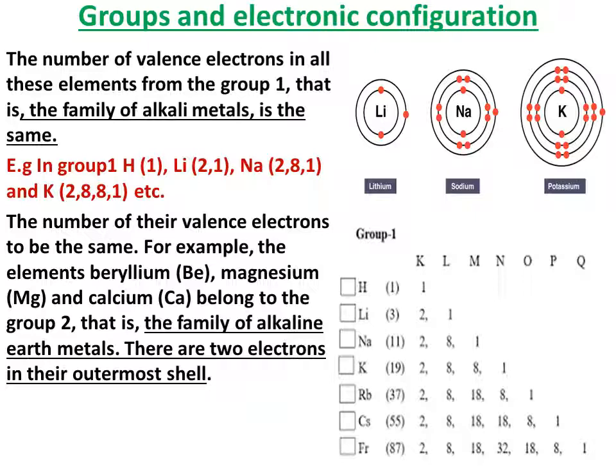The number of their valence electrons is the same. For example, the elements beryllium, magnesium and calcium belong to group 2, that is the family of alkaline earth metals. There are 2 electrons in their outermost shell.